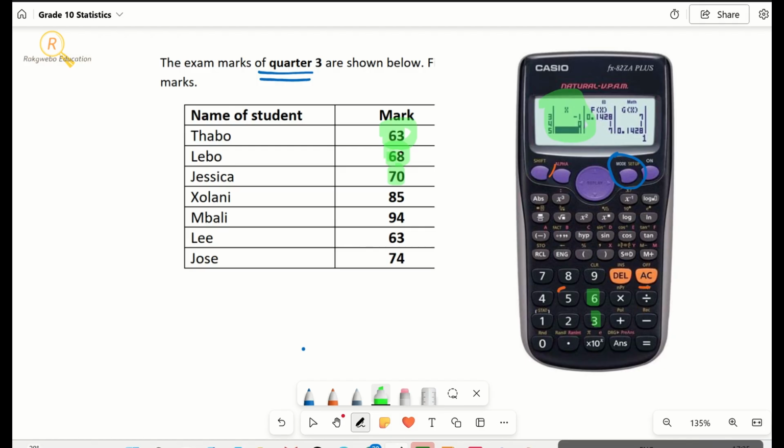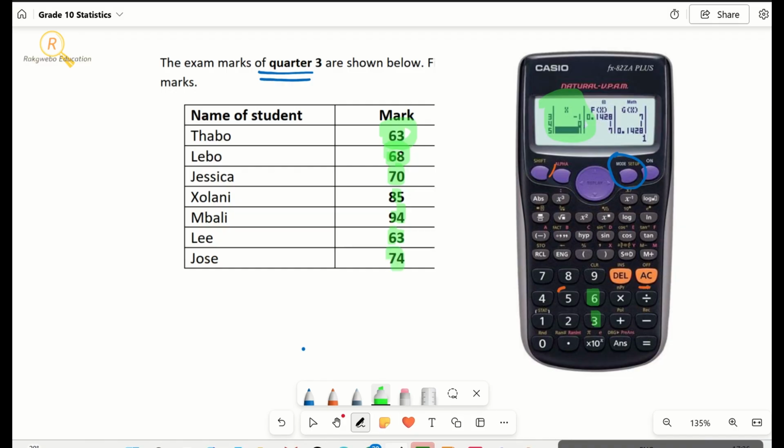Please ensure that the values you put are the correct ones. Then the next value is 94. Then 63.